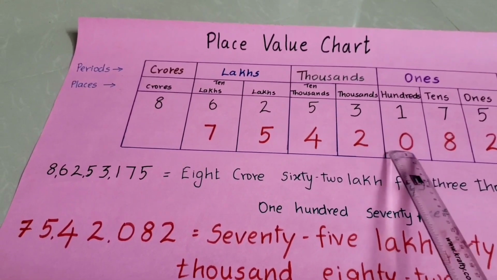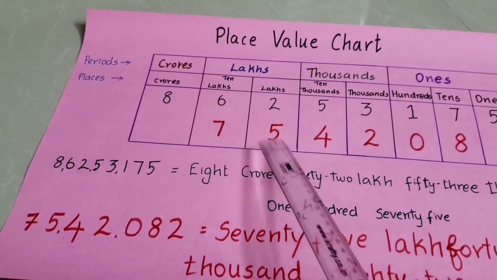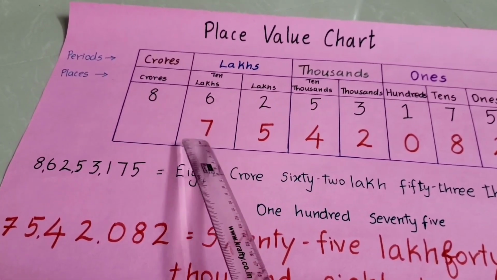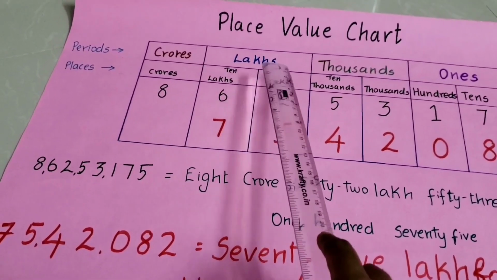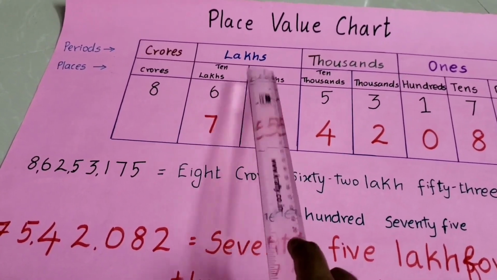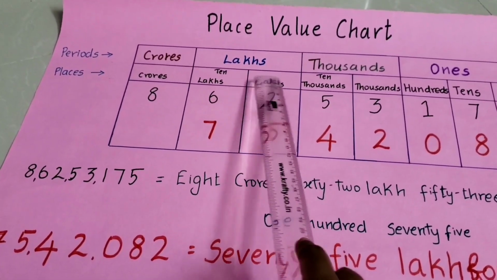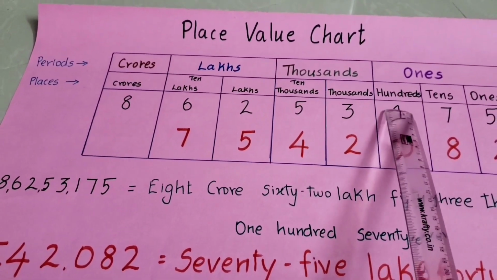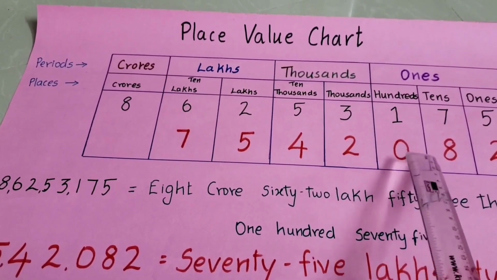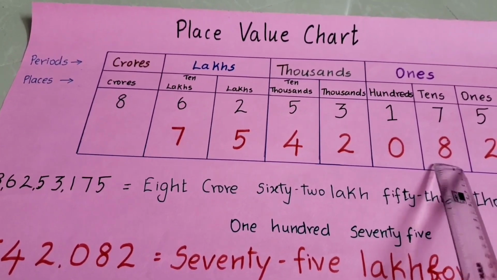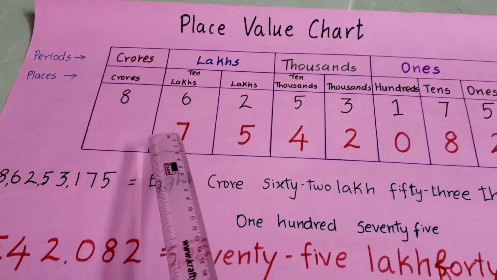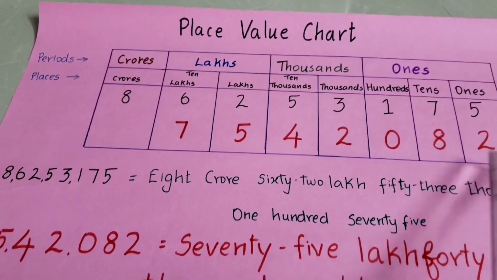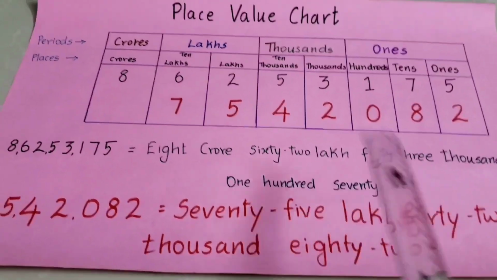And in words we can represent it as 75 lakhs. We have to mention the periods, not the places. 75 lakhs, 42,000. 0 is in hundreds place. No need to mention 0. Simply we can go to the next place. 82. 75 lakhs, 42,082. I have written it in words.